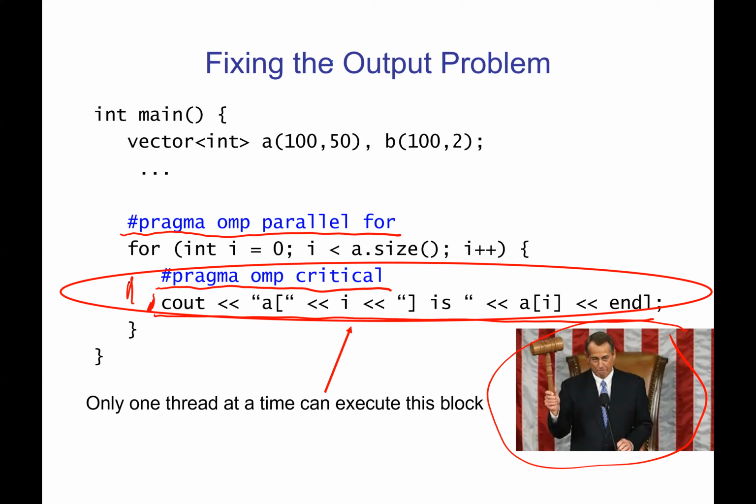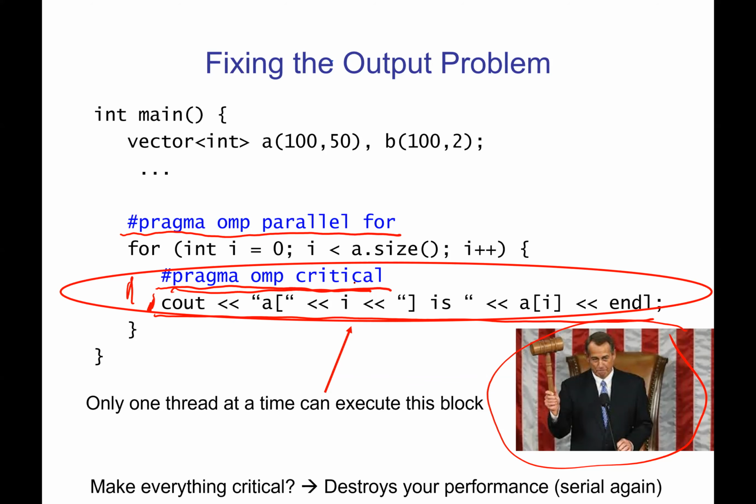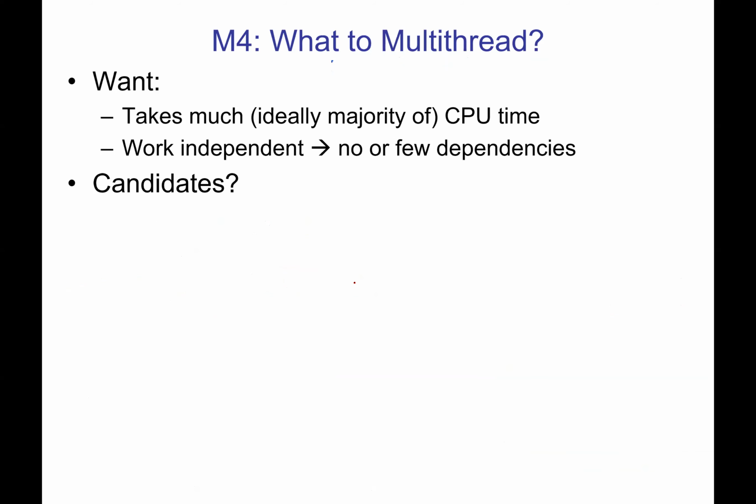You try to minimize the usage of these critical sections because only one thread can execute them at a time, so they serialize your code and slow it down. So don't make everything critical, even though that might seem like an easy solution to get parallel programming going. If you make everything critical, you're just turning parallel programming back off, so you might not have bothered.